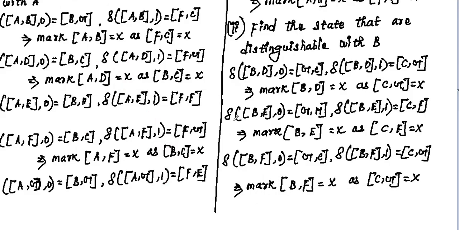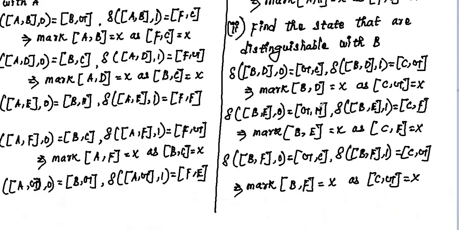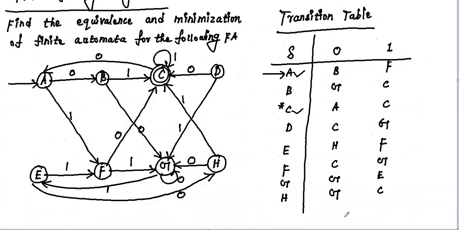The next pair, del of B comma E, and apply input 0, 1. BE 0: see the transition table, BE 0 is GH. Here GH. Next del of BE 1: see the transition table, BE 1 is CF.